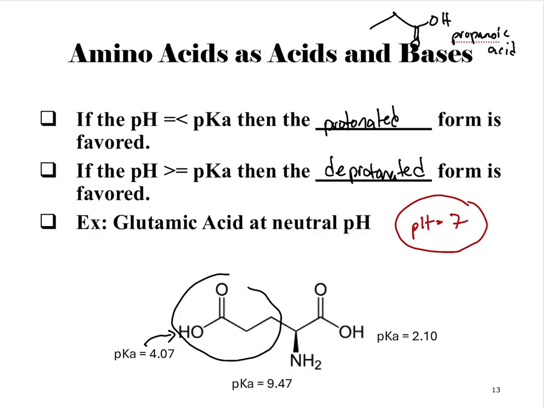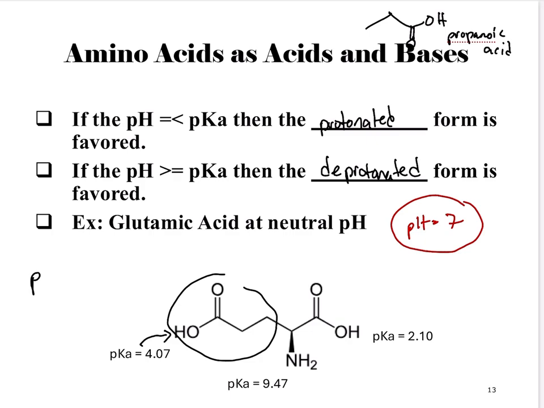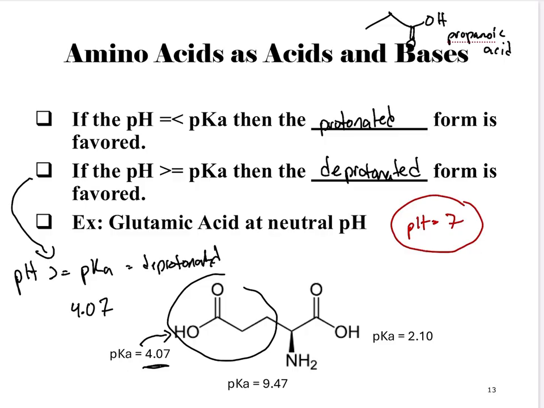Right, so if the pH is greater than or equal to the pKa, that's this right here. That means that we get the deprotonated form, right? And so what's the pKa? 4.07, right? That's this value right here, 4.07.